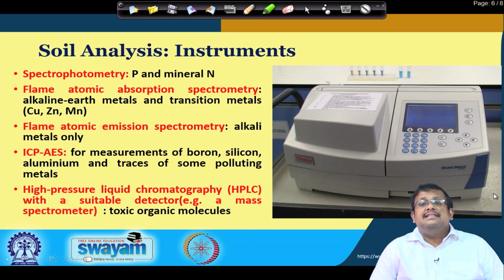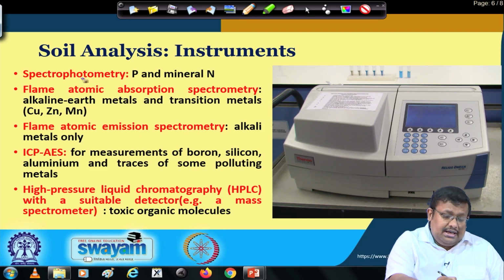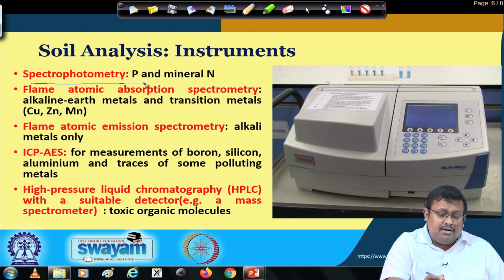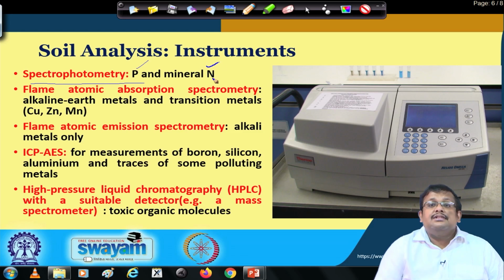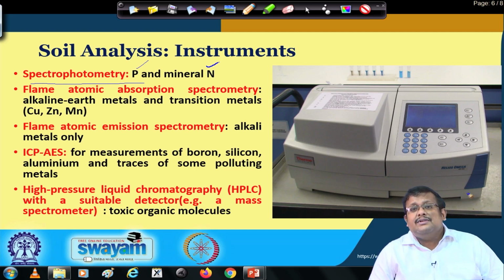Now, what are the general common instruments for measurement of different parameters in the soil? Spectrophotometry is a common method for determination of phosphorus and mineral nitrogen in soils, and I have shown here a UV based spectrophotometer, which is used for measuring different soil parameters.